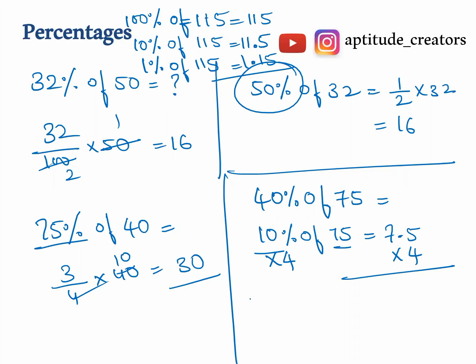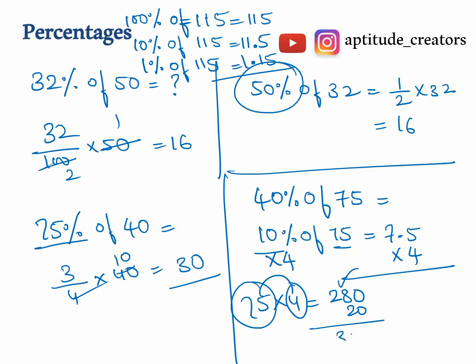Here you can calculate like this. 75 into 4. Now what is 70 into 4? What is 7 into 4? 28. Correct. You have to put a 0. Now what is 5 into 4? 20. Now what is 280 plus 20? It gives the result as 300. You can calculate like this, or use the normal approach.